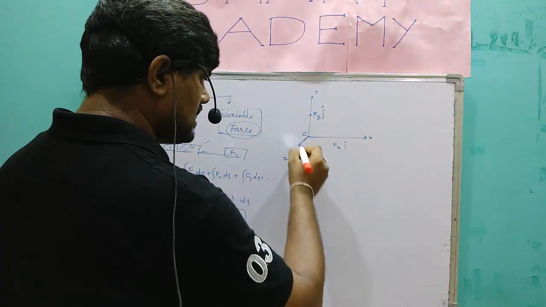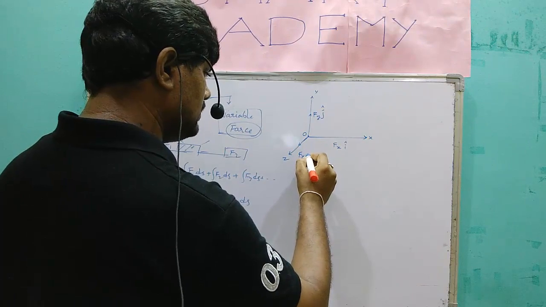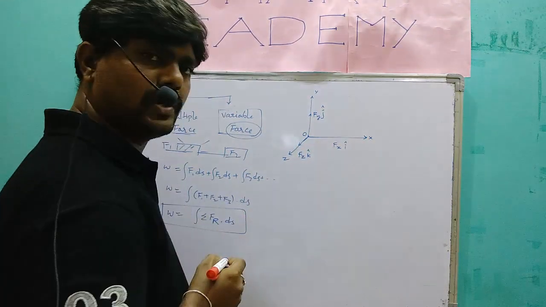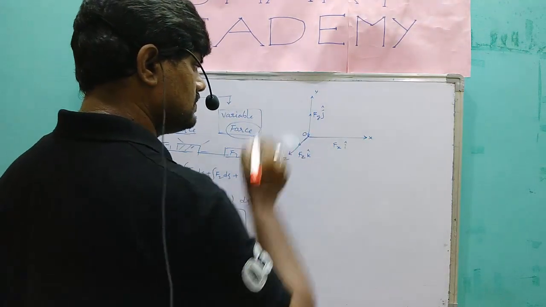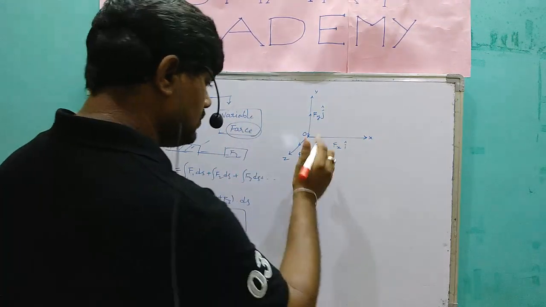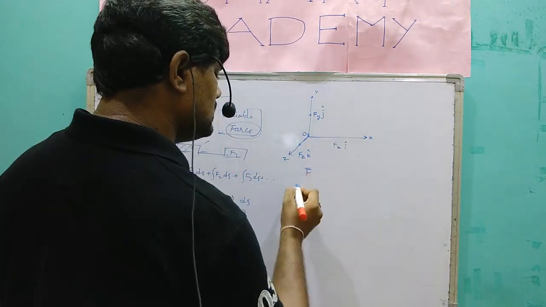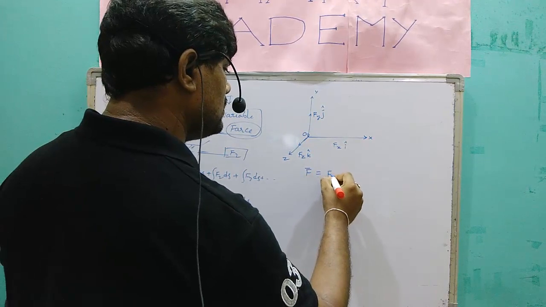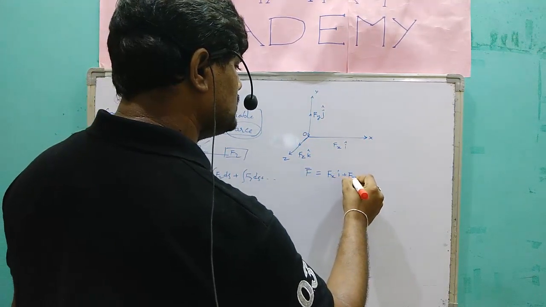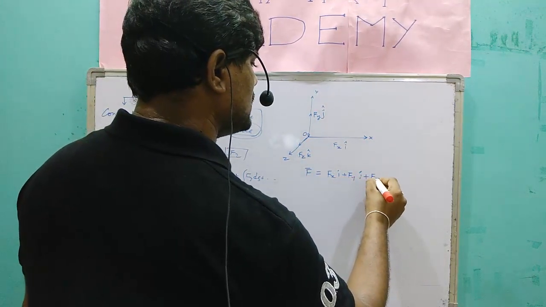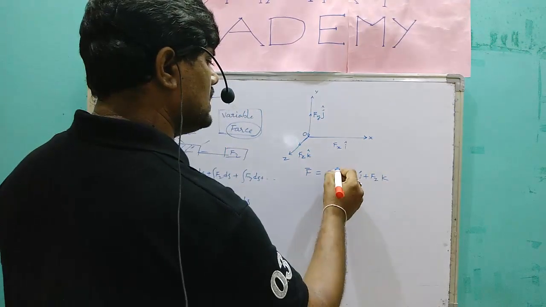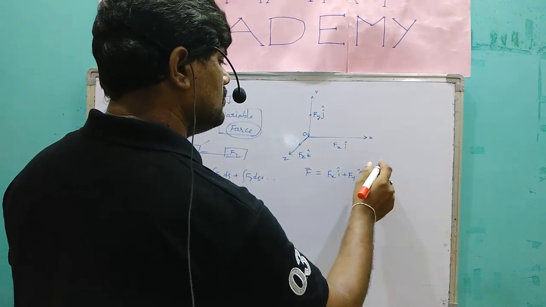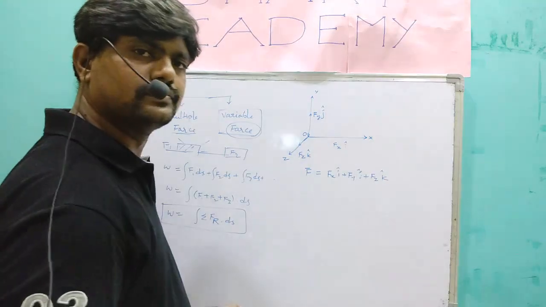The unit vector along the z direction, let it be k cap. The resultant force for this variable force can be written as: resultant vector F equal to Fx i plus Fy j plus Fz k. This is the Cartesian form of the force vector.